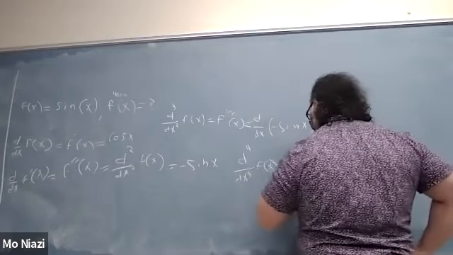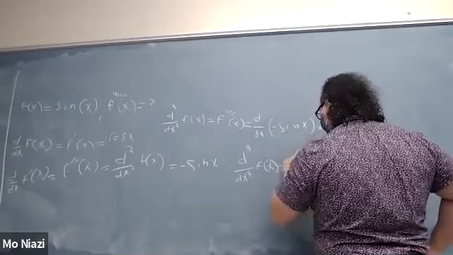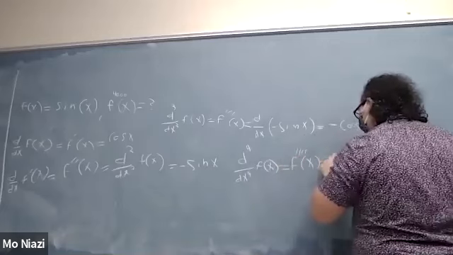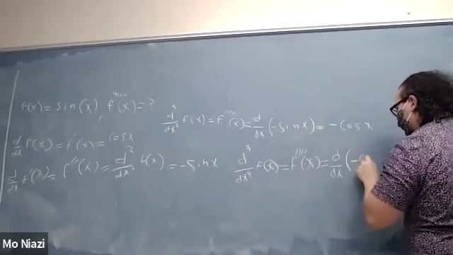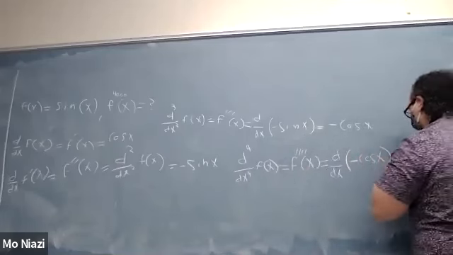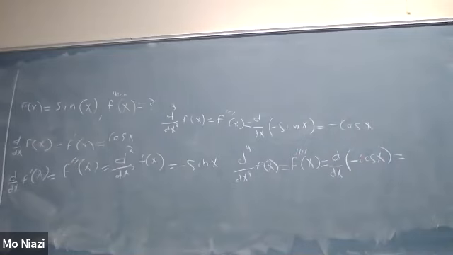This is the same thing as f quadruple prime of x, which is d dx of negative cosine of x. The derivative of cosine is negative sine, so the negative of a negative sine is a positive sine. No pun intended.